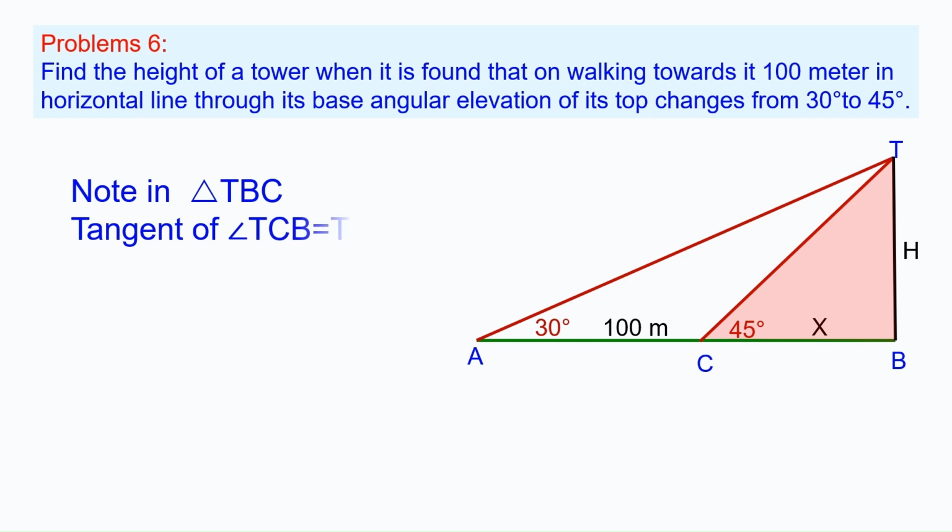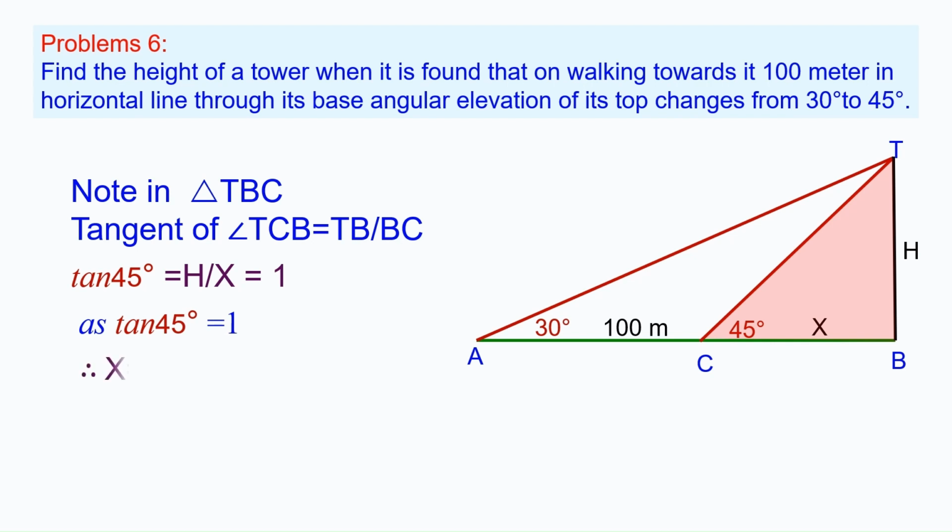Now in the triangle TBC, tangent of the angle TCB equals TB divided by BC, or tangent of 45 degrees equals h divided by x, as tangent of 45 degrees equals 1. Therefore, x equals h.